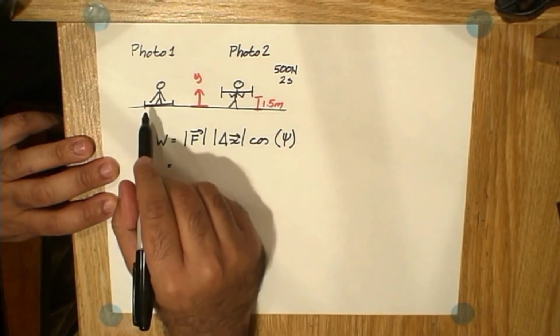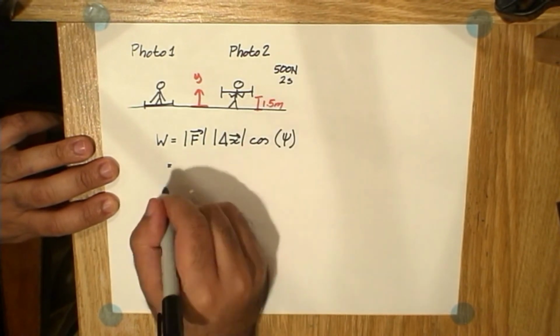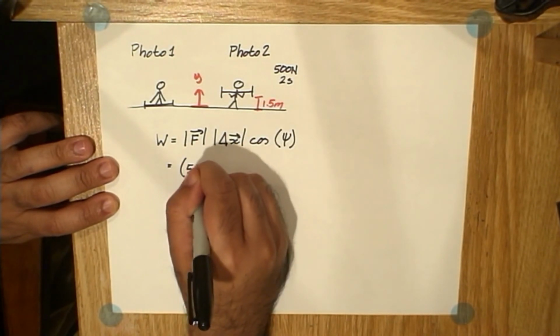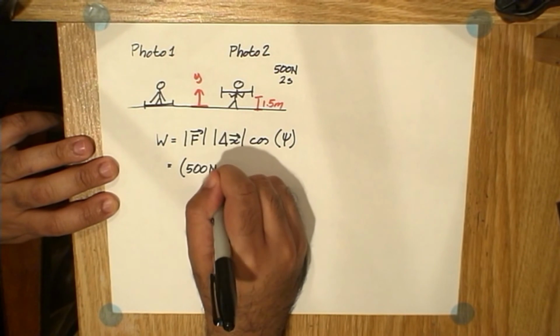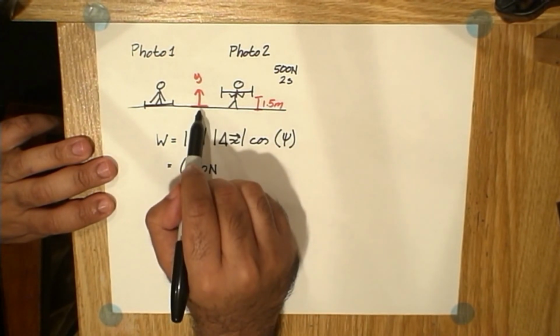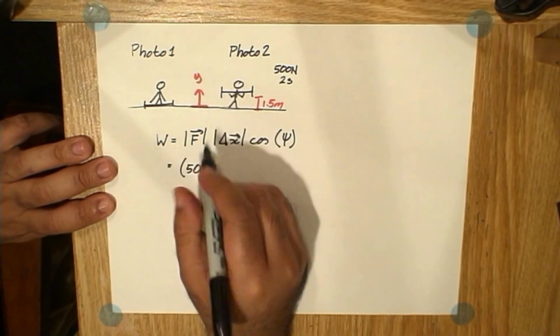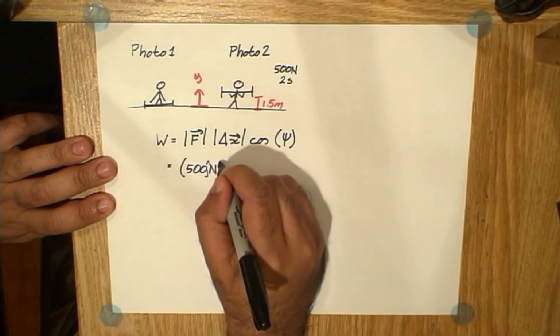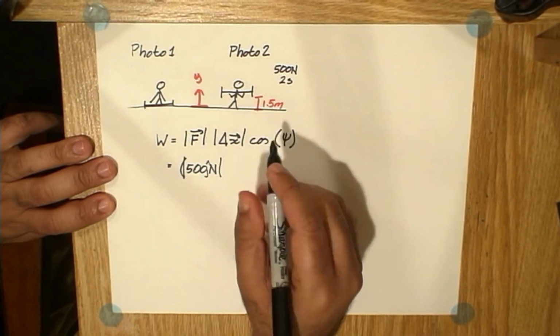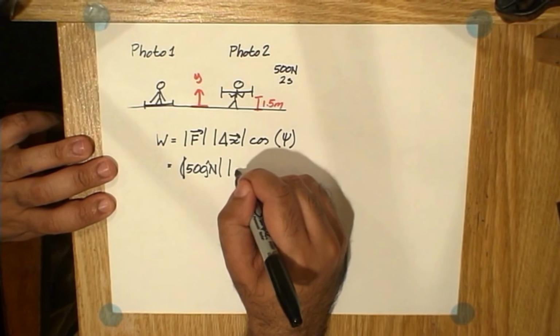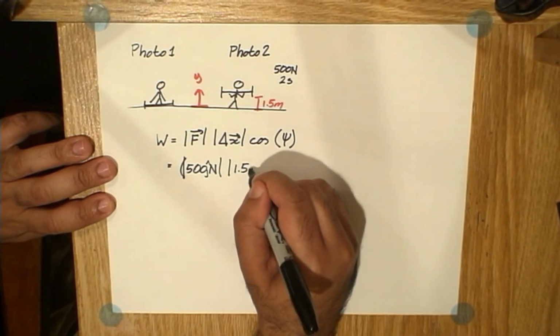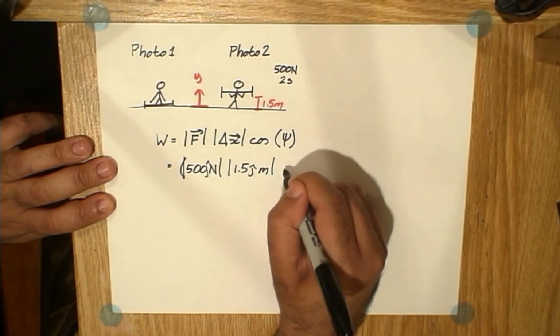The force that the weightlifter exerted was 500 newtons. And if we want to be specific, because it's 500 newtons pointing in the positive direction, we should put a j hat over here. The displacement of this object was 1.5 meters, also in j hat.